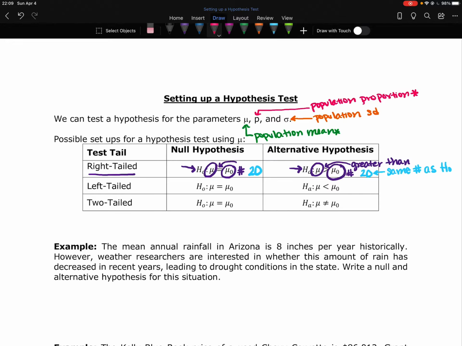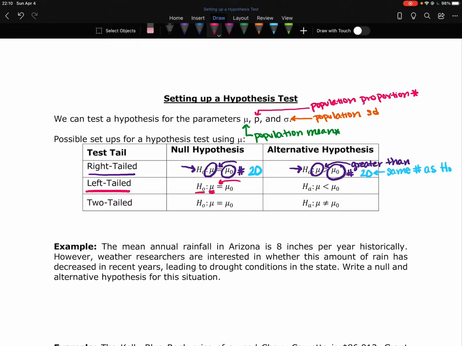The second way to set up this test is as a left-tailed test. Now, the null hypothesis on a left-tailed test is going to look pretty much the same as it did on the right-tailed test. You have your H naught, which indicates that this is the null hypothesis. You have the parameter value that you're testing, so either mu if it's a mean or p if it's a proportion.